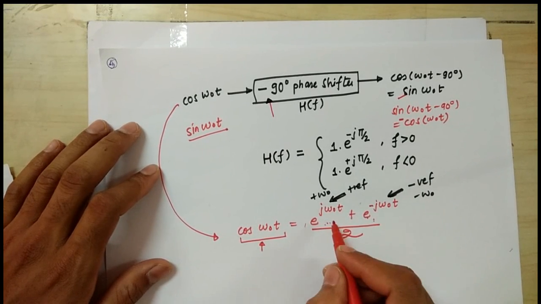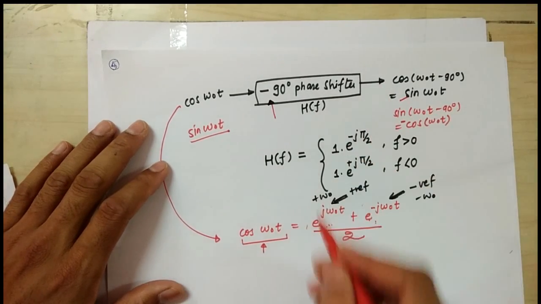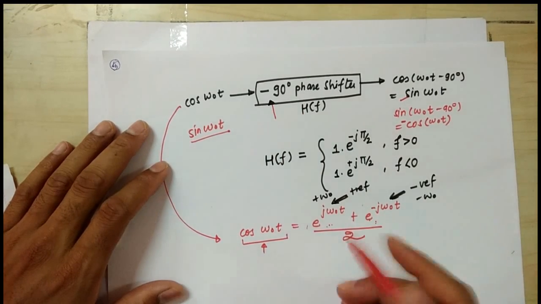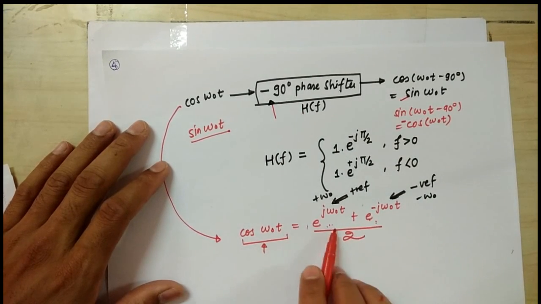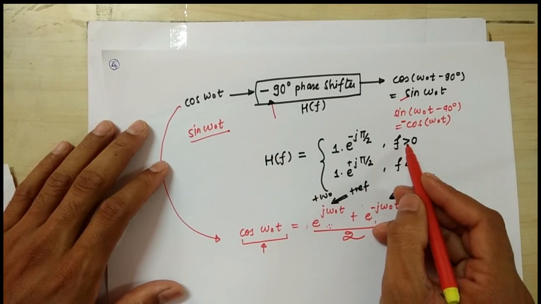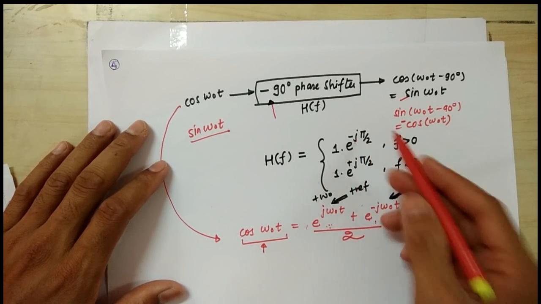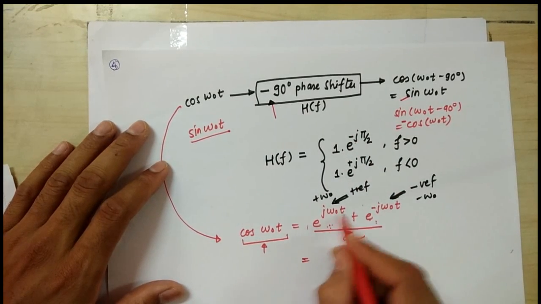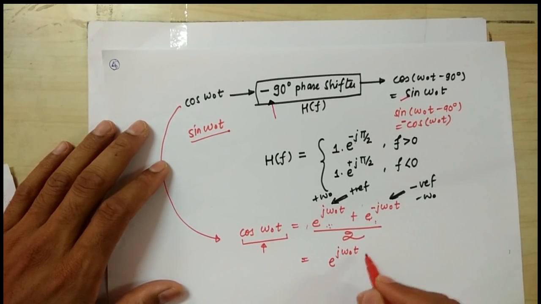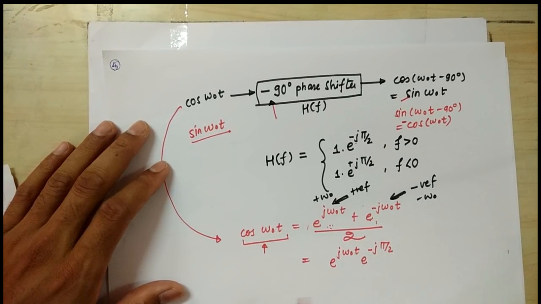So let us try to see what is going to be there at the output of this filter when you apply this signal. Equivalently we are applying this signal to this filter, so it is going to be multiplied with this H of f. As f greater than 0, it is going to do minus pi by 2. So this positive frequency component is e power j omega naught t times e power minus j pi by 2.